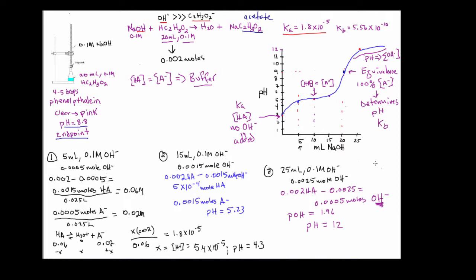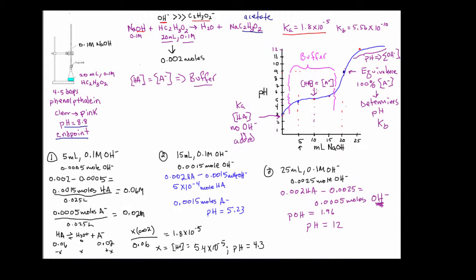All right, and I'm going to define this better. So when I say this part of the graph, I'm saying from approximately right in here to approximately right in here, this whole gap, this whole part of our curve is a buffer. And you're going to have buffers that always exist in a strong base, weak acid titration, or the flip side of that coin, a weak base, strong acid titration.